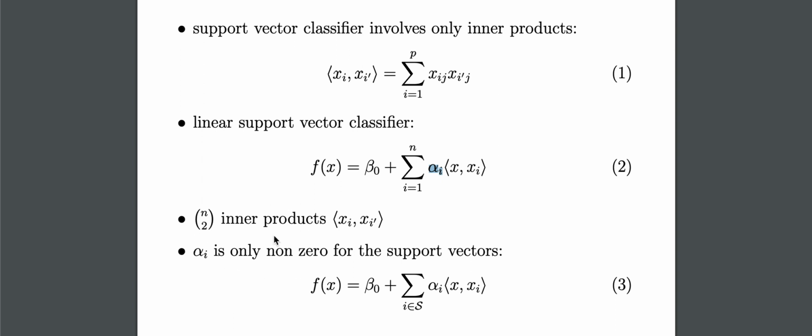Alpha i is only non-zero for the support vectors. So the support vector classifier only depends on the support vectors essentially.